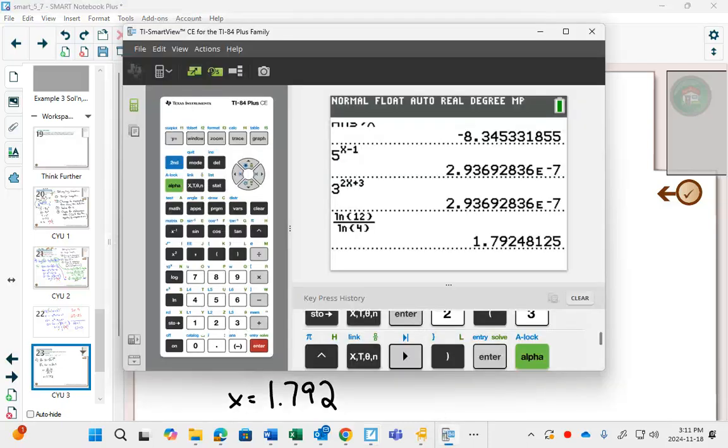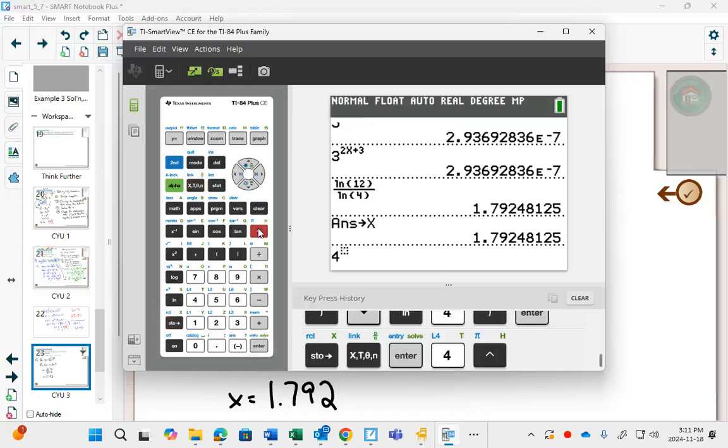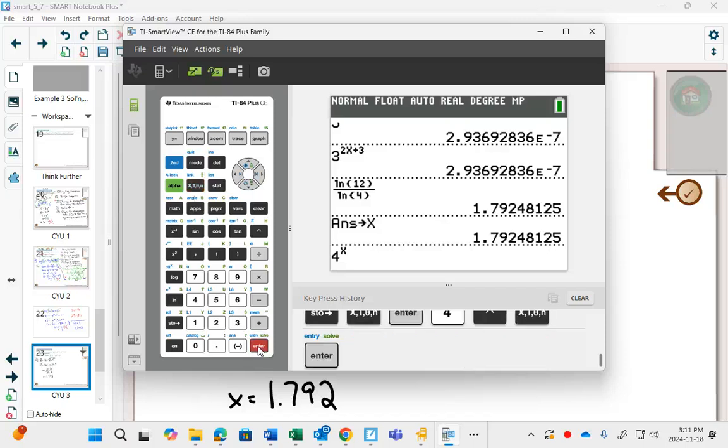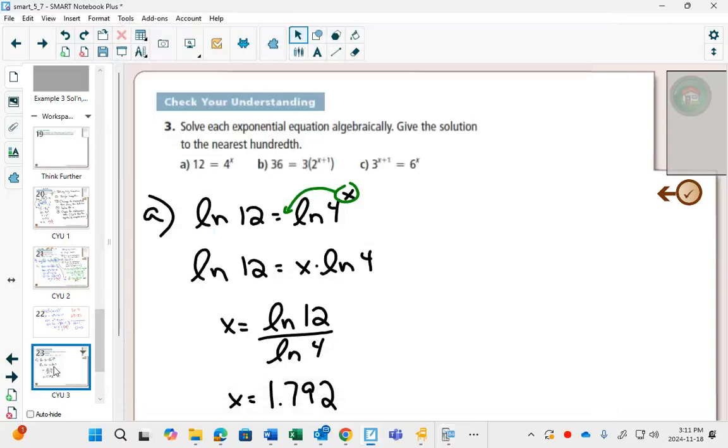And again, every single time, I want you to store that as x and double check, does it work? Which feels really good because you're happy, because you've already checked it, and you know that it's the right answer.